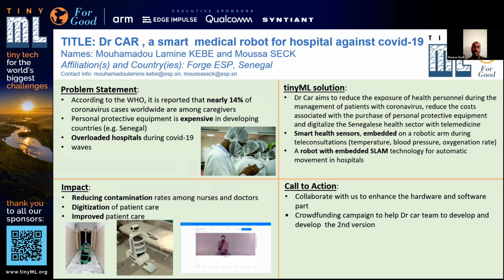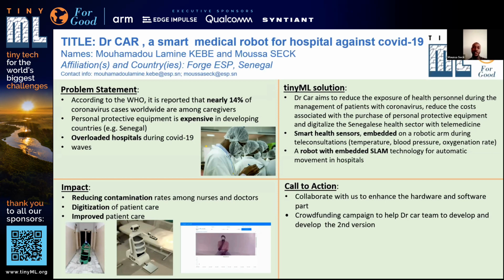We also had overloaded hospitals during the coronavirus pandemic. And for these problems, we implemented a solution, DOCA. DOCA aims to reduce the exposure of health personnel during the management of patients with the coronavirus, to also reduce the cost associated with the purchase of personal protective equipment, and digitalize the Senegalese health sector with telemedicine.